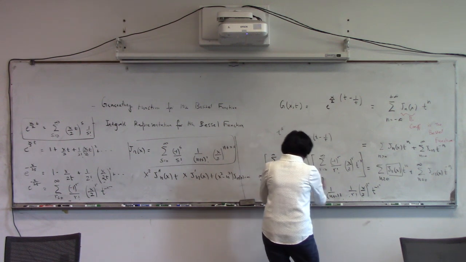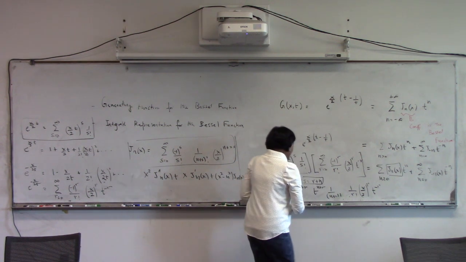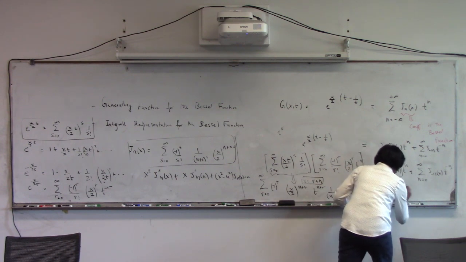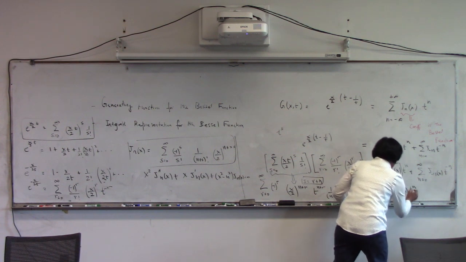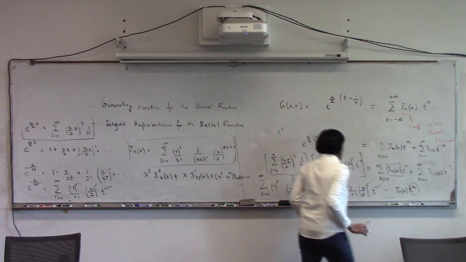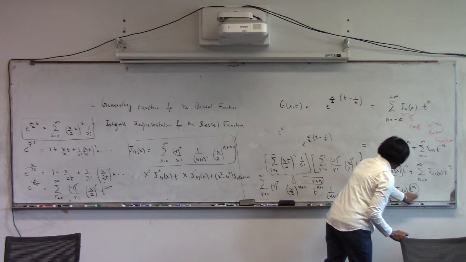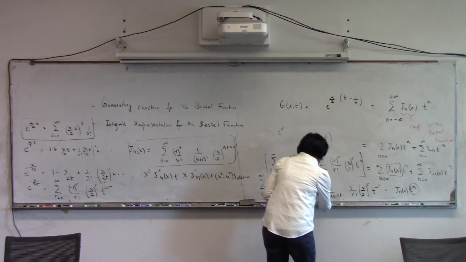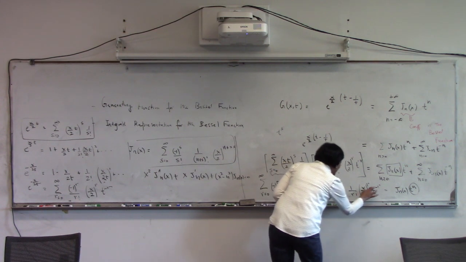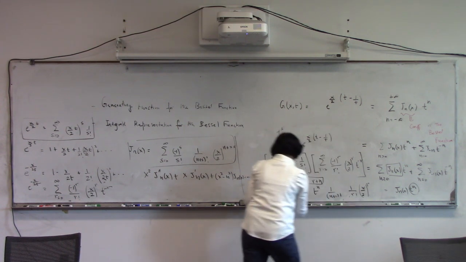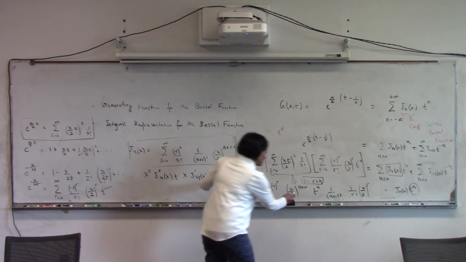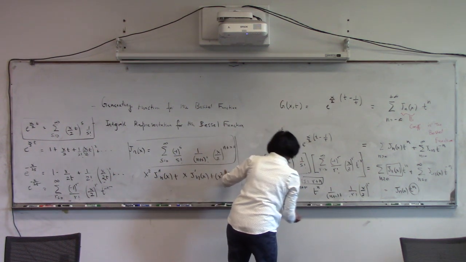One of the terms I'm looking at definitely is t to the power of n. In this infinite series I'm only looking at the coefficient of t to the power of n. So this will give me t to the power of n, so this will cancel, and I'm left with something which now looks like that. n plus 2r, because there is r here also.